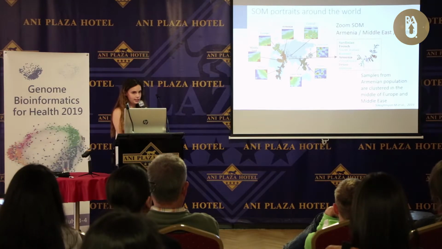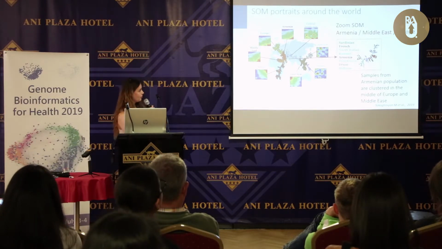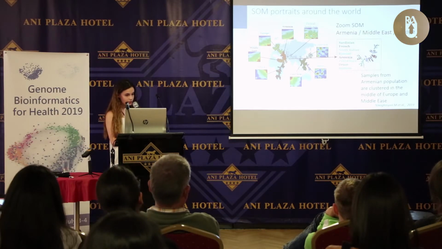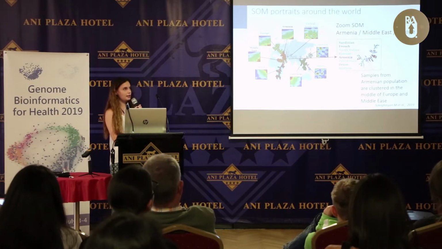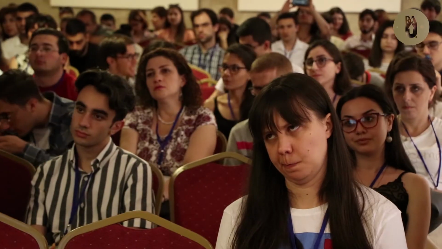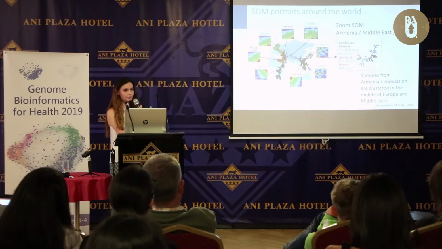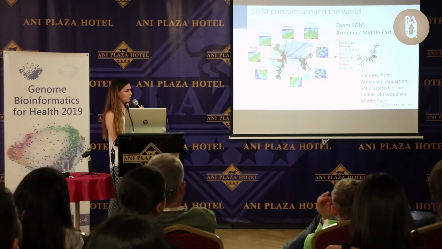So these are our results. We have here the mean portraits of all the geographical regions, and you can see that the portraits are very similar for regions which are located geographically near each other. In the middle we have the minimum spanning tree.